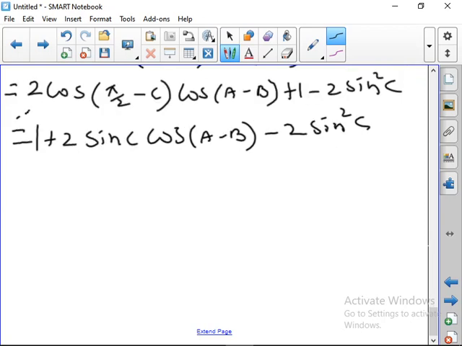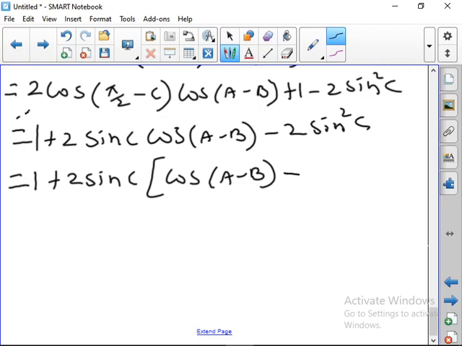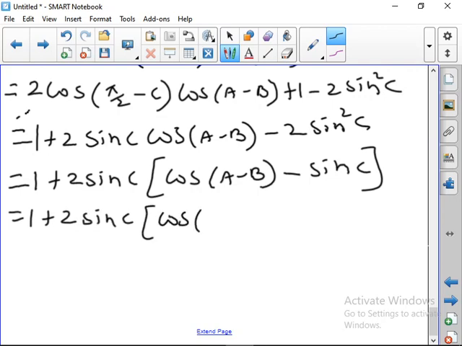What is common in the second and third term? 2 sin c is common, so we can take it out. So 1 plus 2 sin c, take it out. So remaining is cos a minus b minus sin c. Now the sin c can be written as, so here keep it as it is, cos a minus b, and this sin c can be written as pi by 2 minus a plus b.